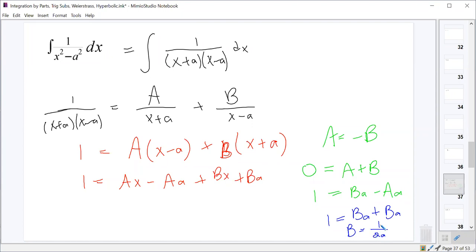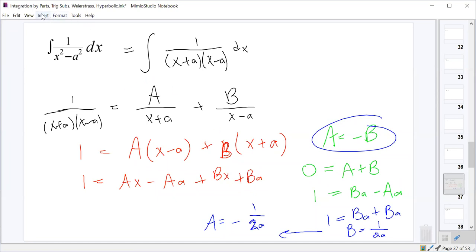And if B is 1 over 2a, then what is A equal to? Should be negative 1 over 2a, since they're just opposites of each other. Good or no? Yeah, that's cool. All right, cool.